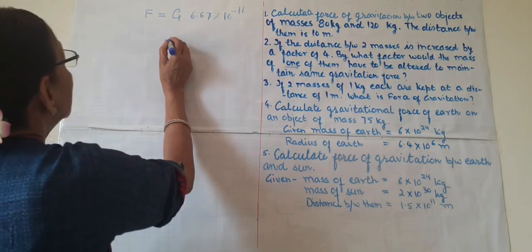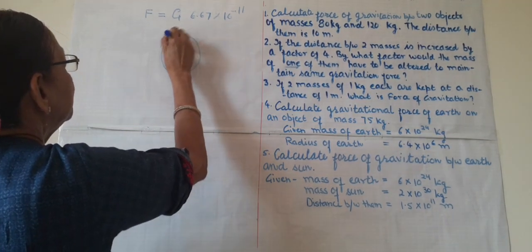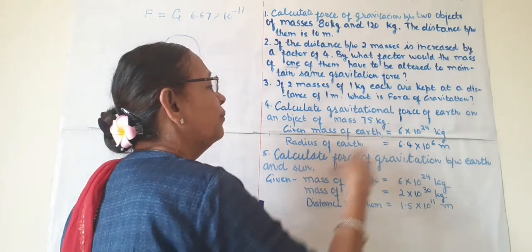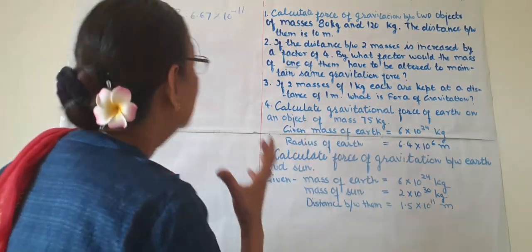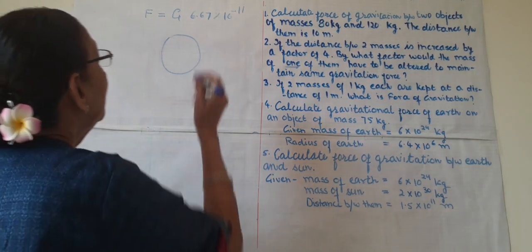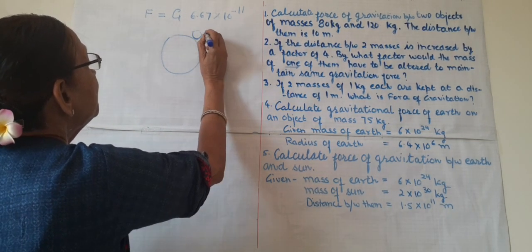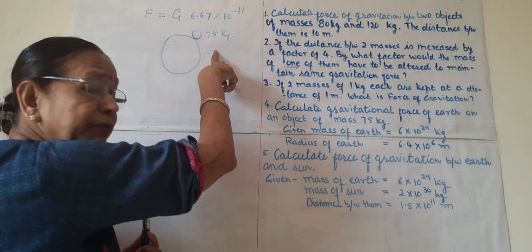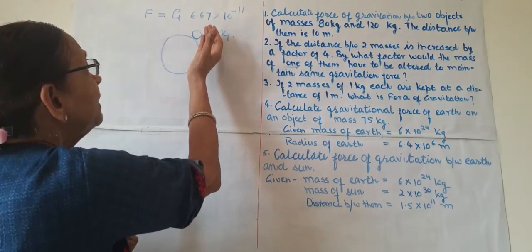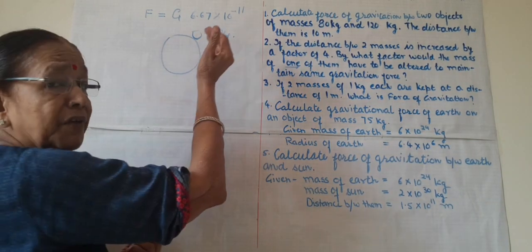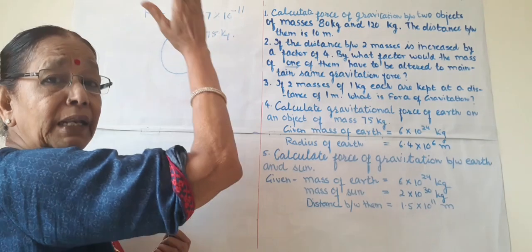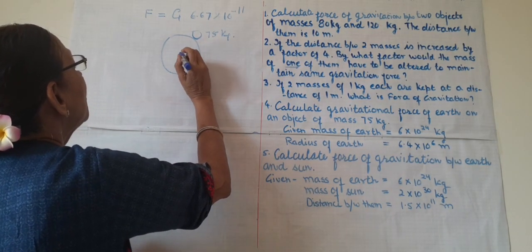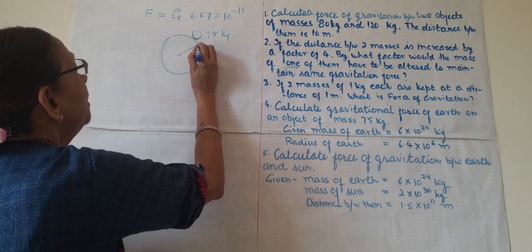Suppose this is earth and its mass is given as 6 into 10 raised to power 24 kilograms. So much mass the earth has, and an object of mass 75 kilograms is on the surface of the earth or slightly above the surface, but not very far away, and the radius of the earth is from its center up to the periphery.